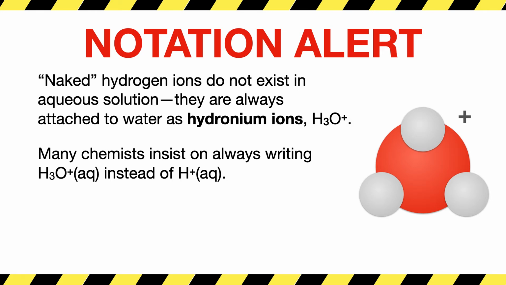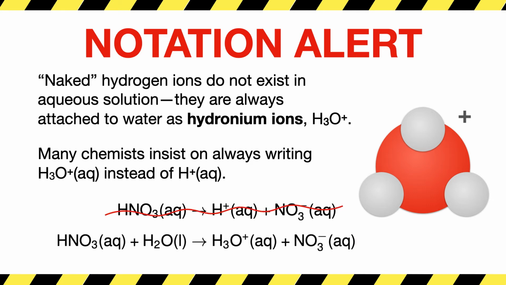So, for instance, instead of writing HNO3 in aqueous solution dissociates to make H+ aqueous plus NO3- aqueous, a lot of people would insist on emphasizing the fact that the hydrogen ion ends up attached to water by instead writing this reaction as HNO3 aqueous plus water gives hydronium H3O+ aqueous plus nitrate ion NO3-. So this is the preferred way of writing reactions like this for many, many people.